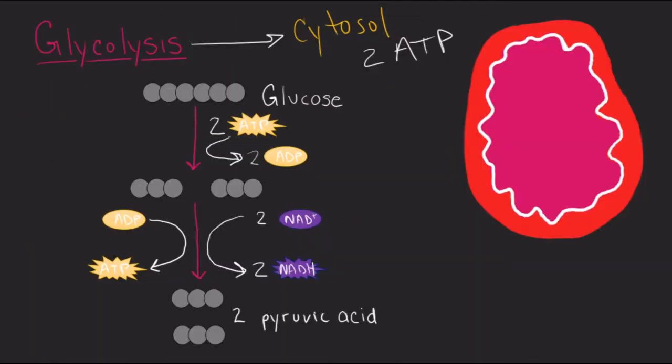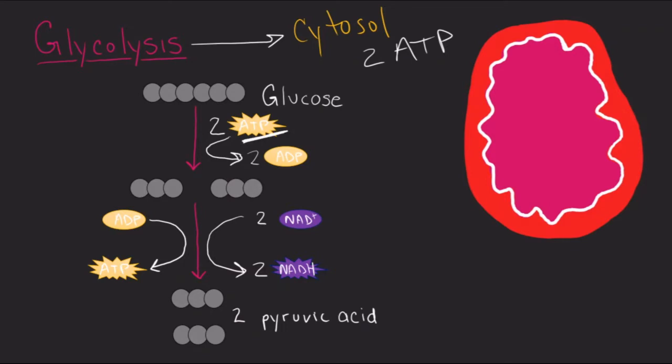It still begins with glycolysis. So just to recap from our previous video, this occurs in the cytosol, or sometimes referred to as the cytoplasm. It is not in the mitochondria, it's out in the cell, in the cytosol. So in glycolysis, we take glucose. We have to spend some ATP first, okay? We actually have to use some ATP right here first to kick it off, get it started.